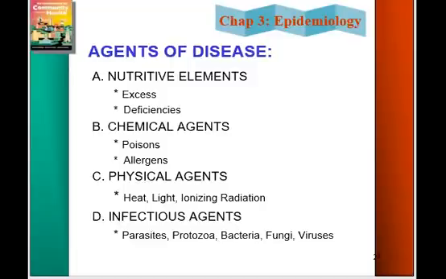So for the agents of disease, so what is presented here are not factors, but rather examples. No? So first, in terms of nutrition, nutritive elements, sinasabi lang po dito na if there would be an excess or a deficiency of a specific nutrient in the body, that could lead to a disease. Okay?